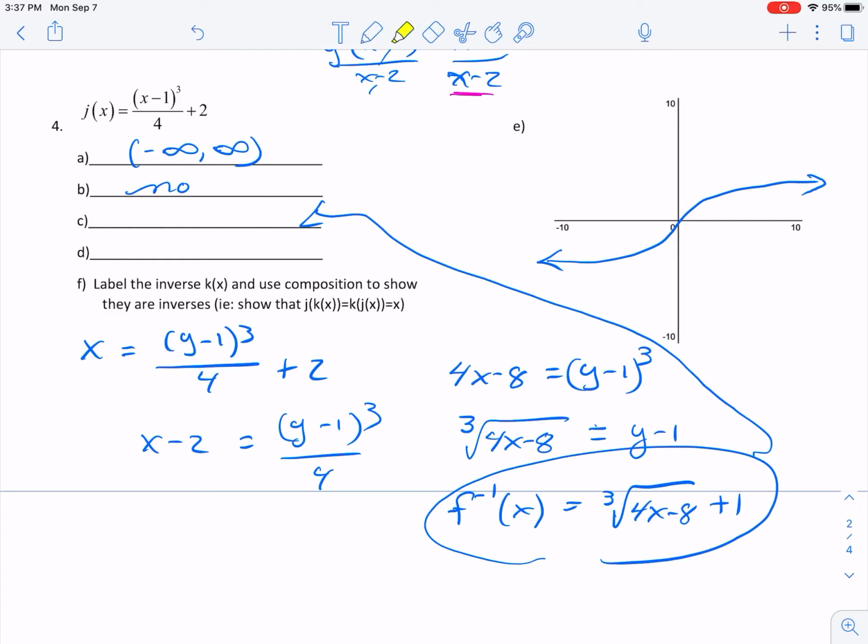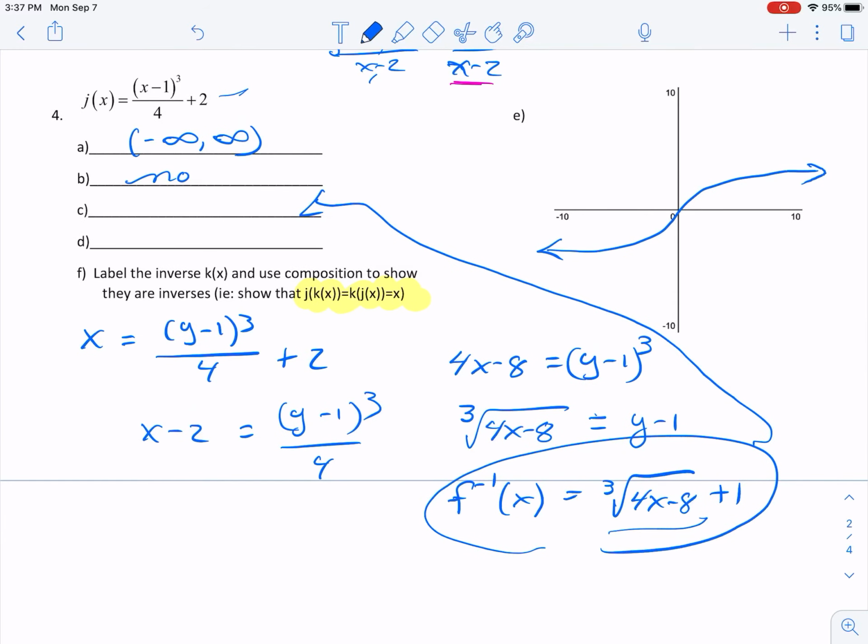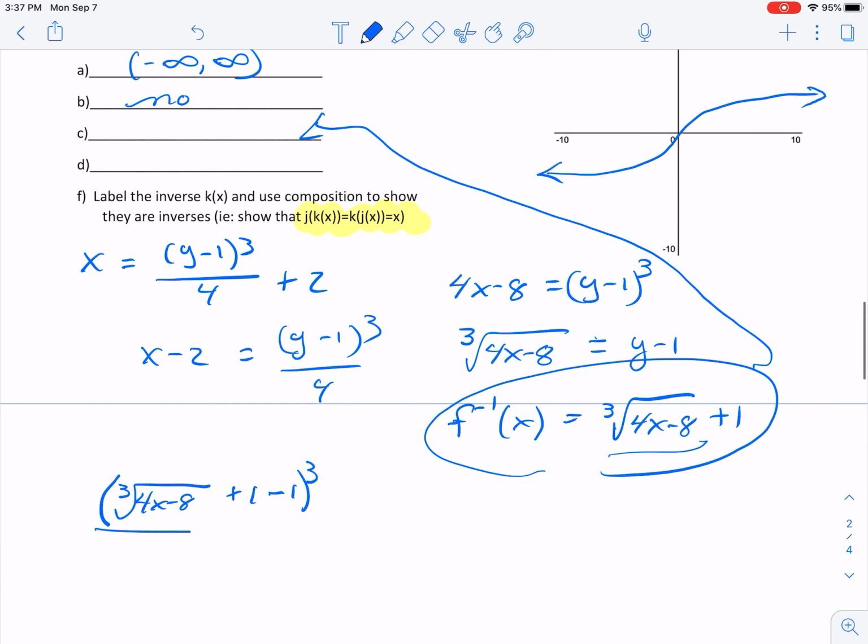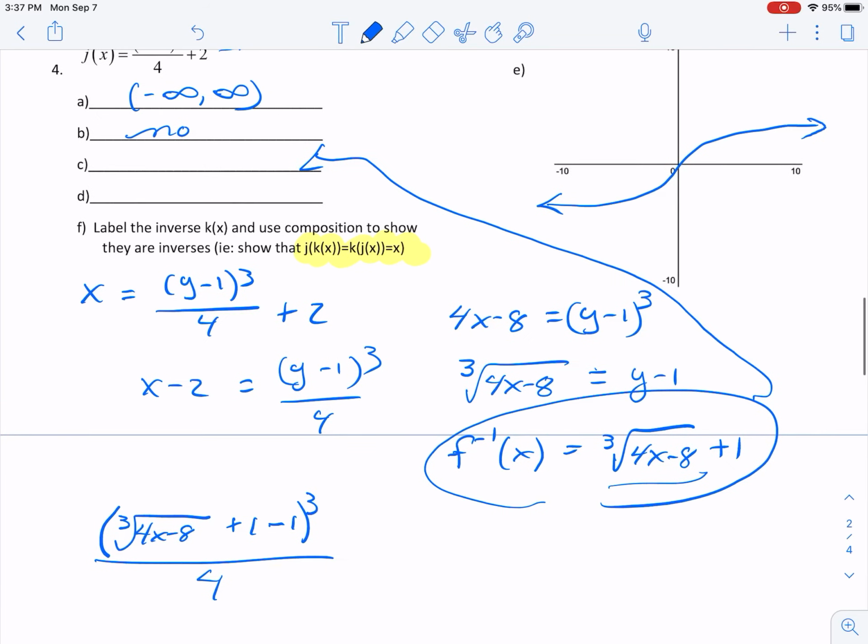Now this is one where they're going to ask us to do composition. So I have to put this into that. All right, so what do we have? You're going to replace this with the cube root of 4x minus 8 plus 1, minus 1 cubed over 4, plus 2. They wanted to call this k, so we have j of k of x.